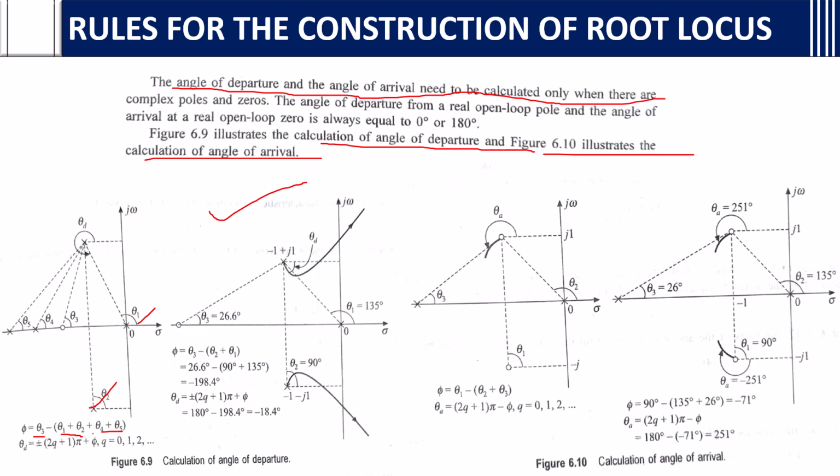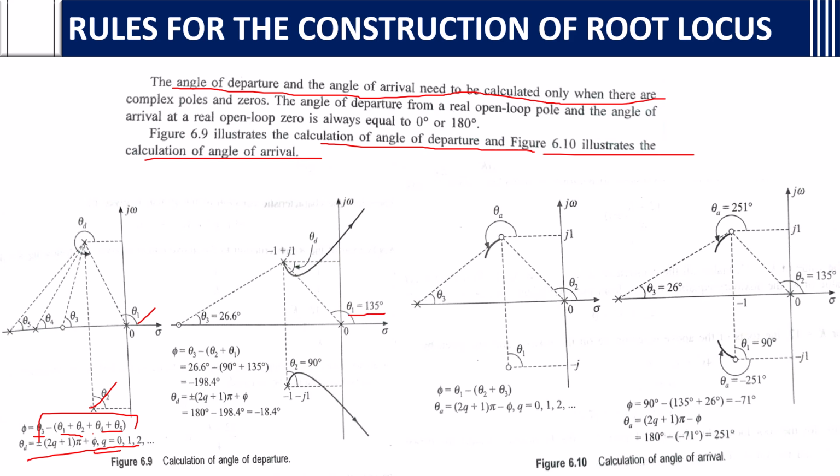We are subtracting from theta 3, so theta d can be found by substituting this phi. And for the other case, phi is theta 3 minus (theta 2 plus theta 1). The values are also given, showing how exactly the departure is calculated.